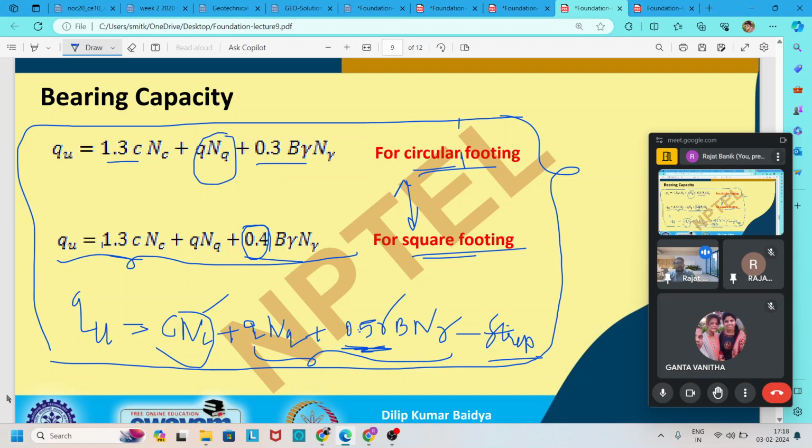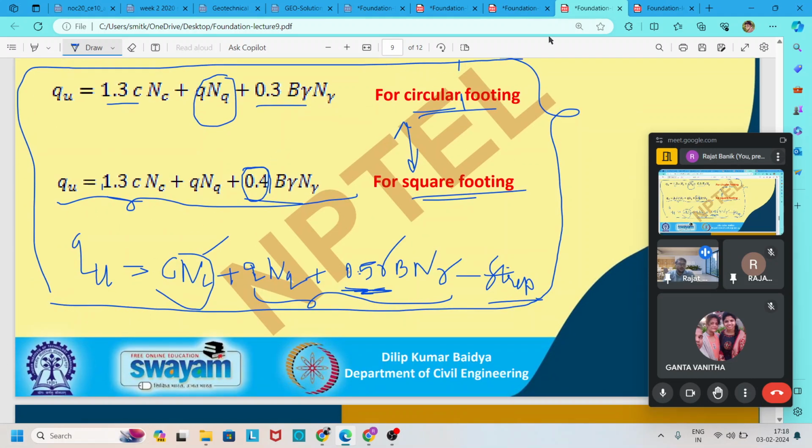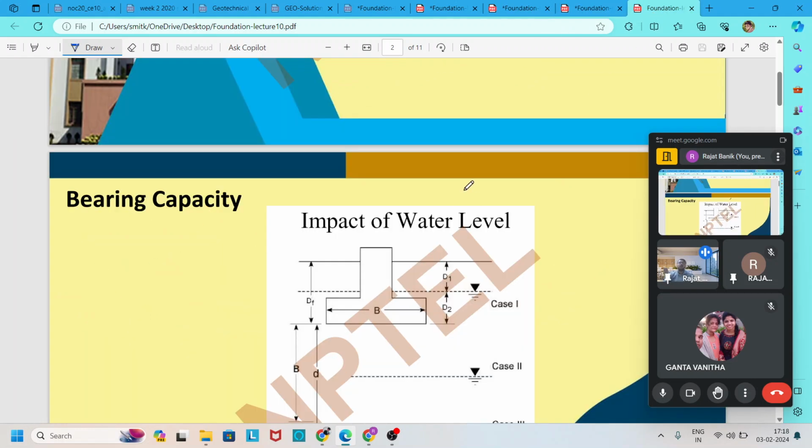What if there is presence of a water table? We know that water is very dangerous for our foundation or for our soil if we construct some structure on it, because water has a buoyancy effect.